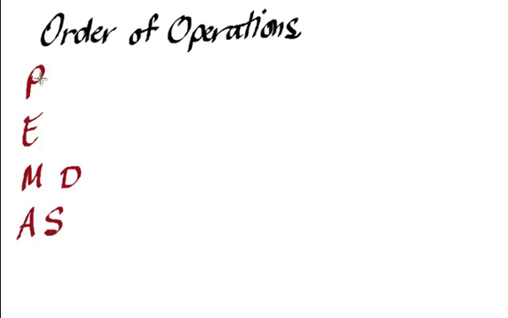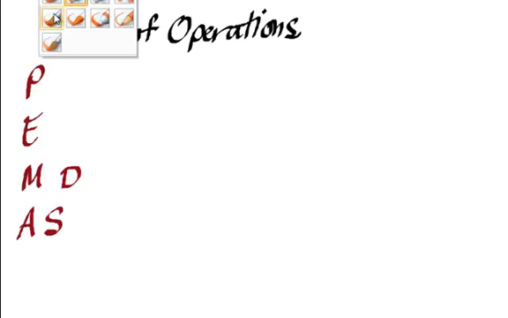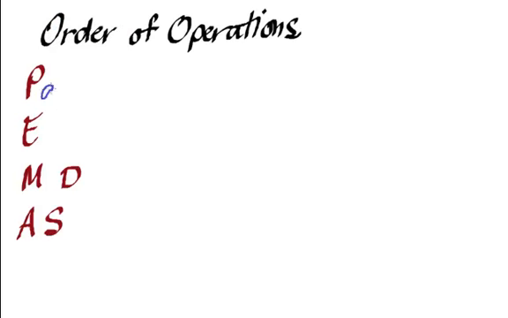What these mean are parentheses. Oh, let me get my pen here. So we got parentheses. We have exponents. Then we have multiplication.